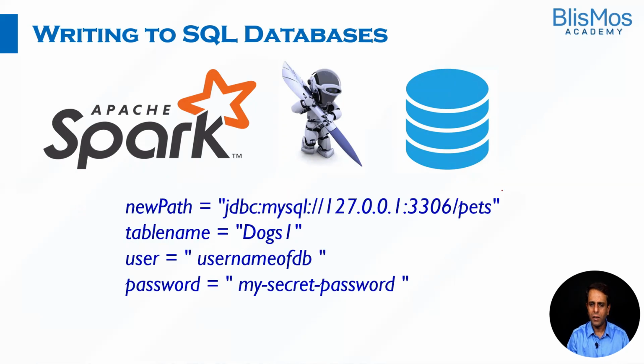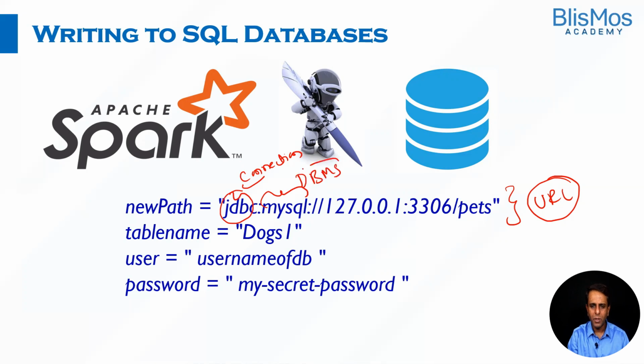As I already discussed, this is the URL. As a part of the URL, we already know we are specifying the JDBC, and this is a connection. It can be JDBC or it can be ODBC, and this is the database management system to which we are trying to write.